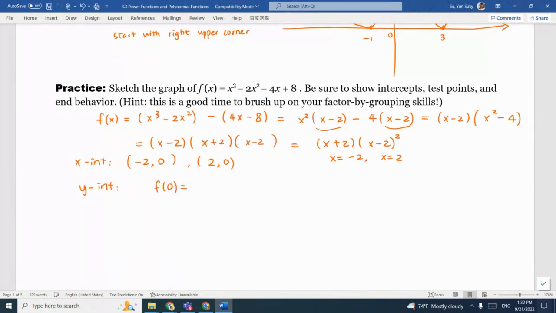If we plug in f of 0, what do we get? 8. See, when you plug in f of 0, you look at this formula, not that formula. This is much easier, right? So all the x terms are gone, so we get 8. And what is the y-intercept? It's a point. (0, 8). Good.